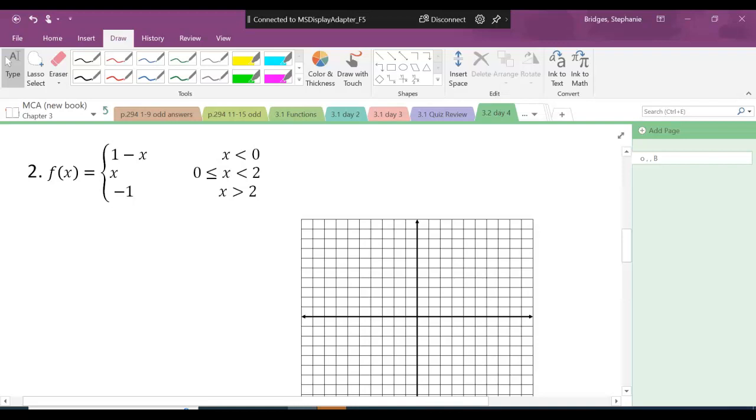First function on number 2 is 1 minus x. The interval for your x values, it says x is less than 0. You have to start with 0 and then pick 2 or 3 more numbers that are less than 0. Make sure you decide if that first point is going to be open or closed based on that inequality.